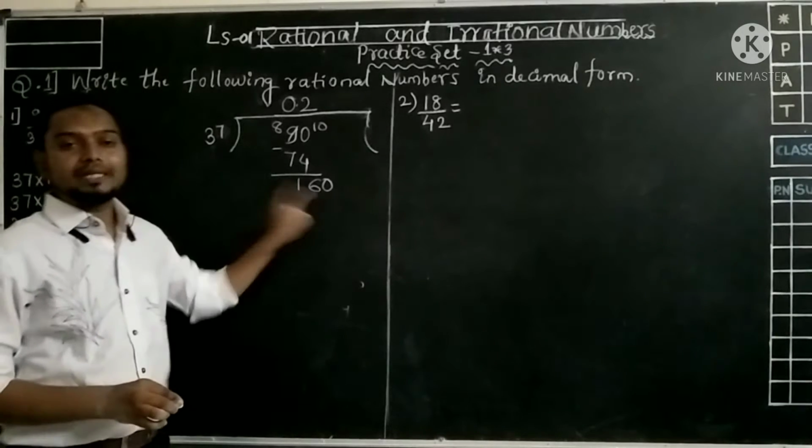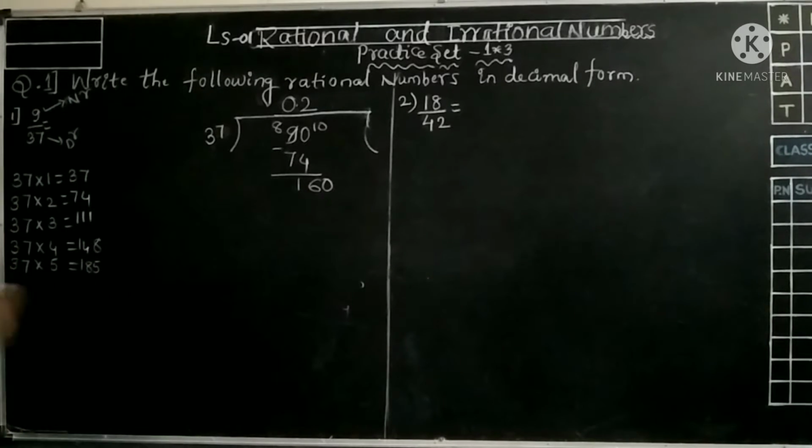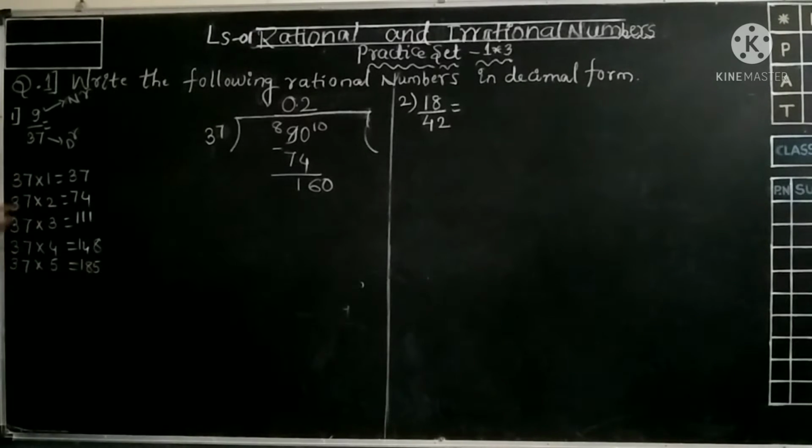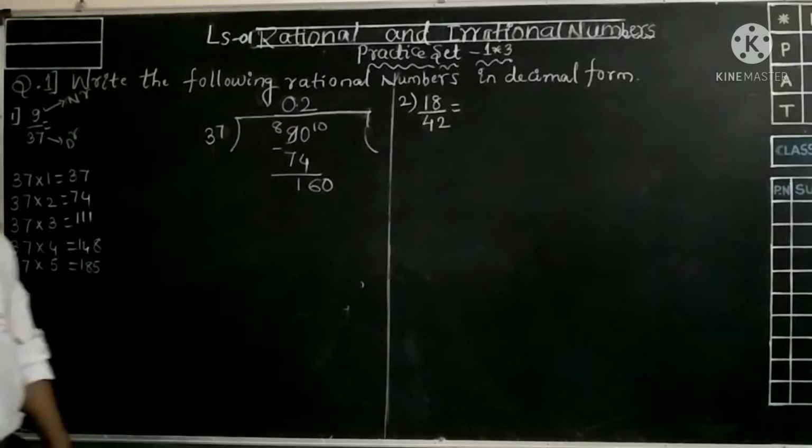It becomes 160. We will search for 160 in 37's table. 37 1s are 37, 37 2s are 74, 37 3s are 111, 37 4s are 148, 37 5s are 185.